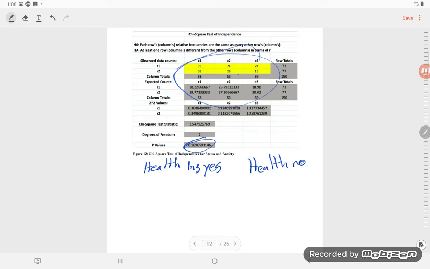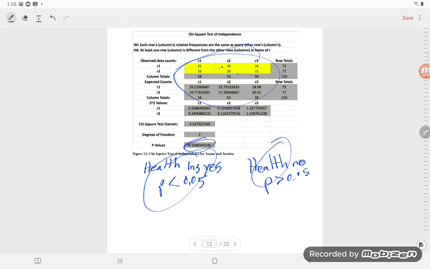And who knows what they would have come up with. They might have come up with, for health insurance, yes, P could have been less than 0.05, and with health insurance, no, greater than 0.05. So there didn't seem to be any link when you don't have health insurance, but if you did, there did seem to be a link between these two things, the socioeconomic status and the anxiety.